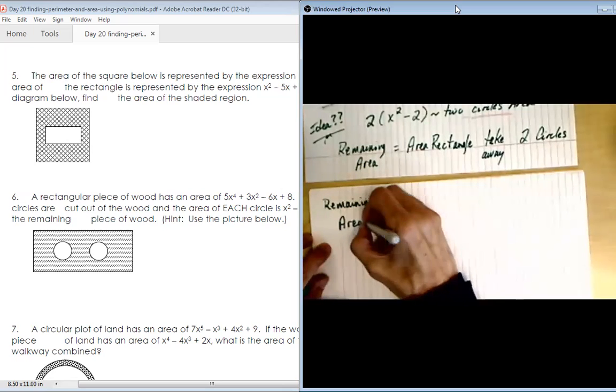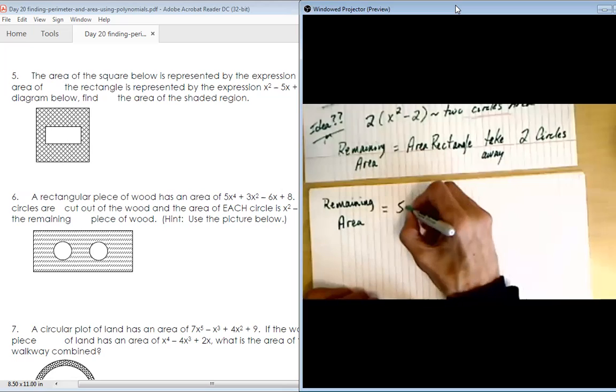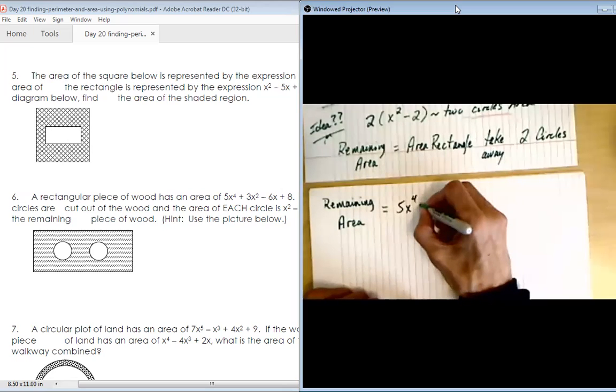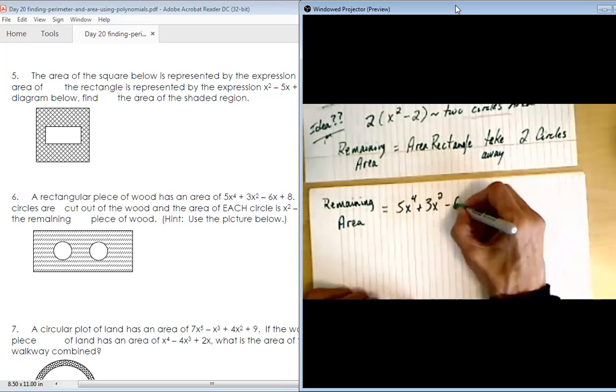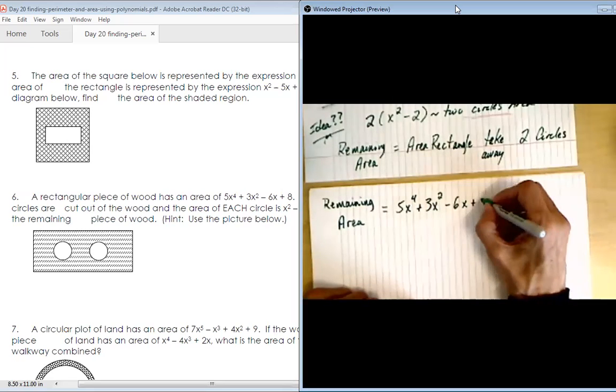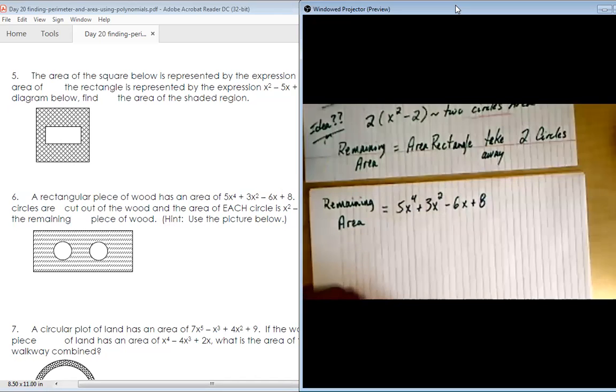Remaining area is, what's the area of this rectangle, the whole thing? 5x^4. Exactly, plus 3x^2 minus 6 plus 8. Yep. The whole area, the whole expression for sure.